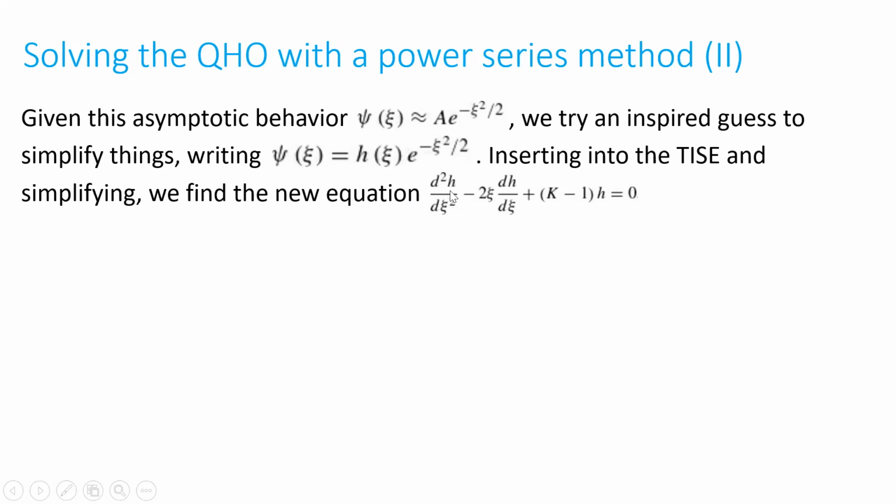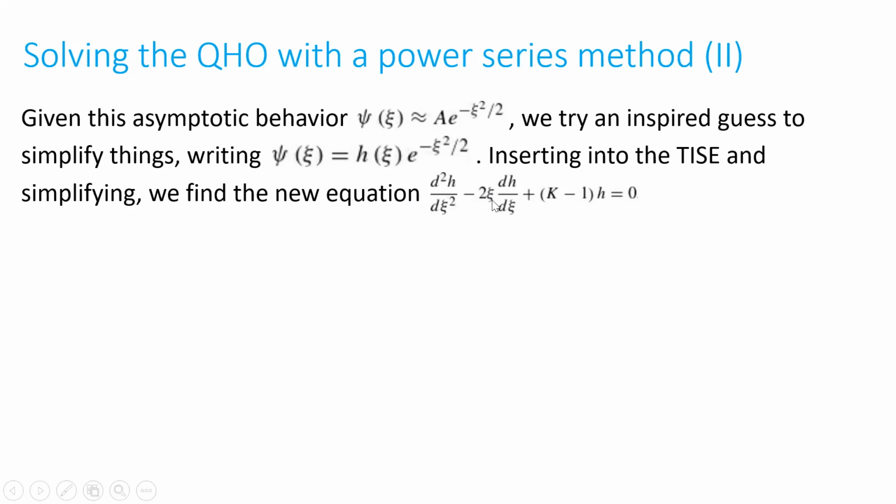And this is the equation here: the second derivative of h minus 2 times c times the first derivative of h, plus k minus 1 times h is equal to 0. Okay, so how can we approach this? It doesn't look trivial. In fact, it has two derivatives, and it even has the variable c here.